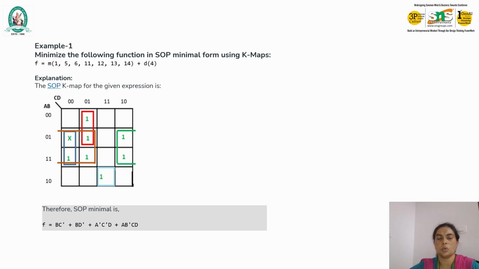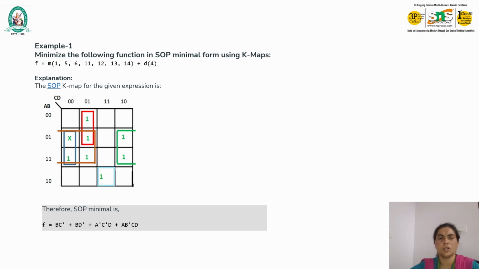In such cases, we can replace it with a don't care condition by designating it with X. In this table, an X has been denoted near 0, 1, which indicates a don't care condition. The X is placed there to form a larger group of 4. This is how the don't care method is used.